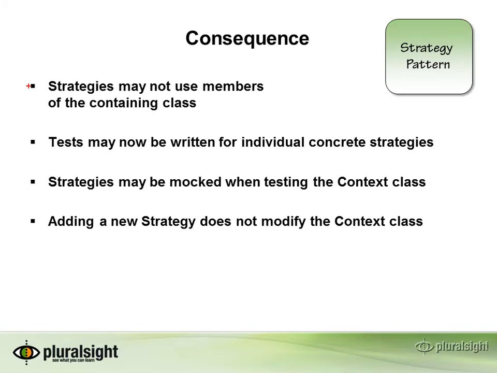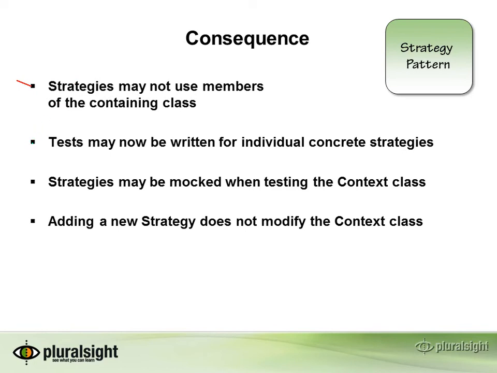Now that we've broken our class structure apart to take advantage of the strategy pattern, there are some consequences of our new design. For example, although we may have been taking advantage of some shared member state within our context class previously, now our strategies really have to be self-sustaining. So they can't use the local members of the containing class like maybe our methods did before we broke apart into separate class structures.